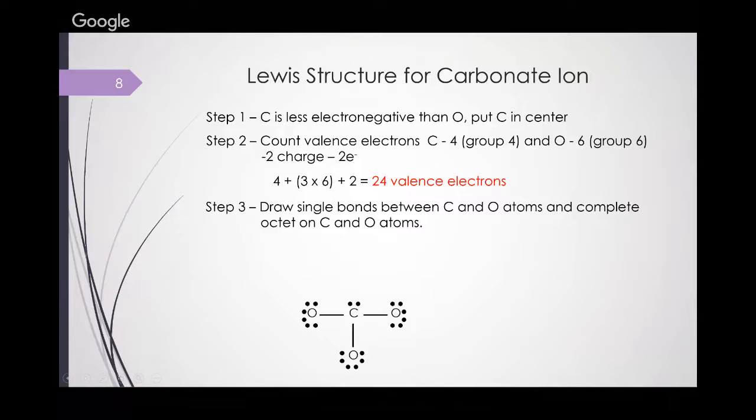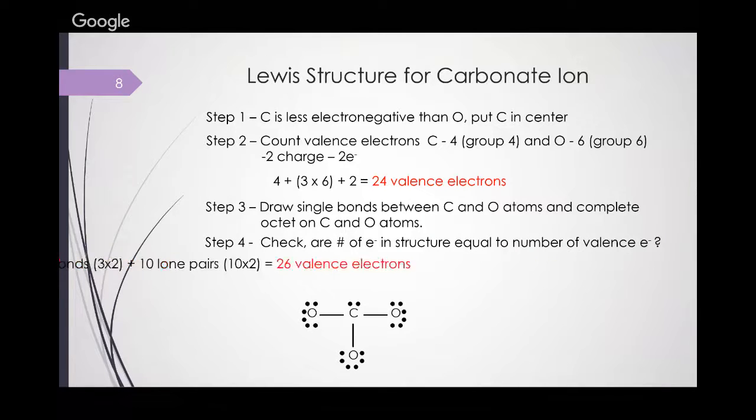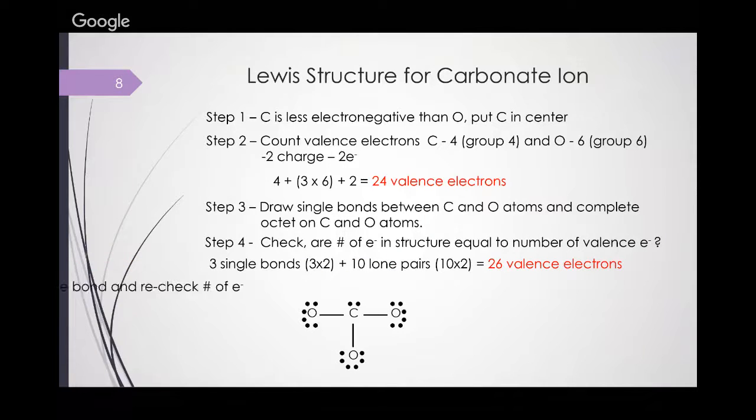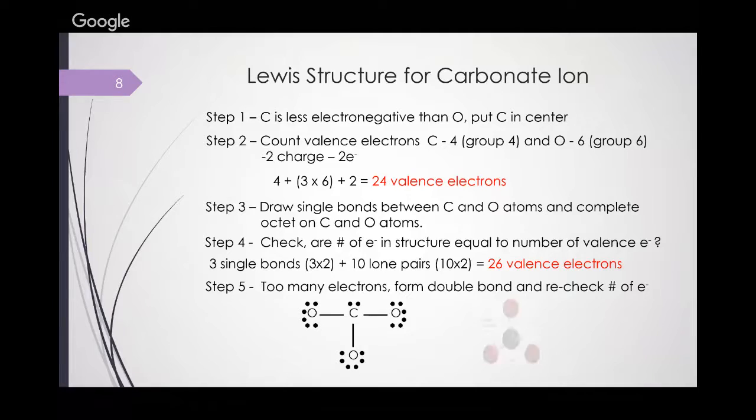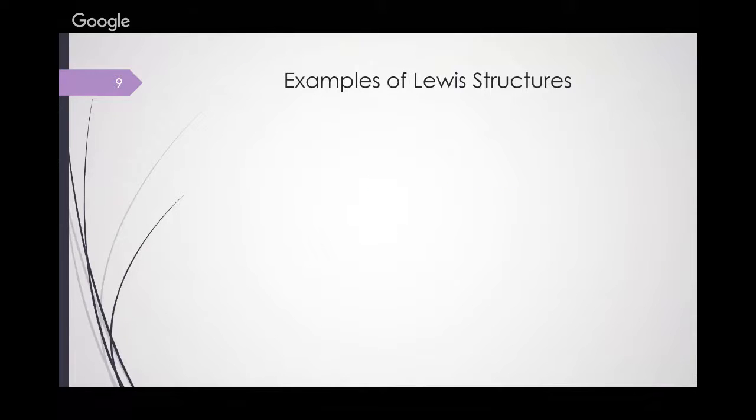So we have too many electrons, which means we have to erase a pair of electrons. If we erase a pair of electrons, then we have to double bond something. So we take a pair of electrons away, and we end up drawing a double bond from the carbon to another oxygen.